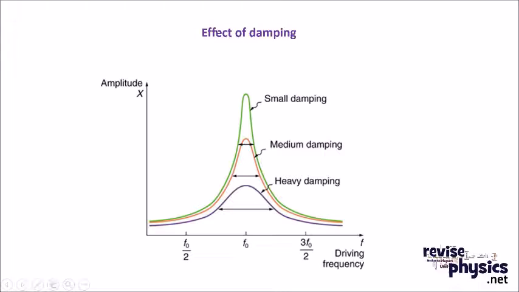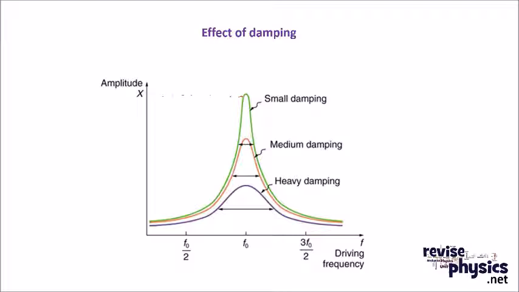I drew the graph earlier, but here's the actual graphs that we see. And you can see here we have had a look at what the effect of damping is. Now we know that damping will reduce the amplitude of an oscillation. Now if you've got a relatively small damping or very light damping effect, then your maximum amplitude is going to be very high.